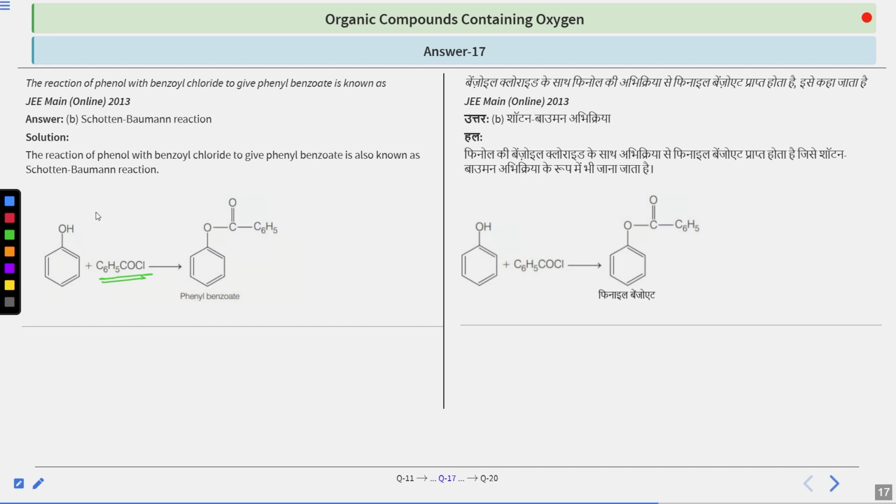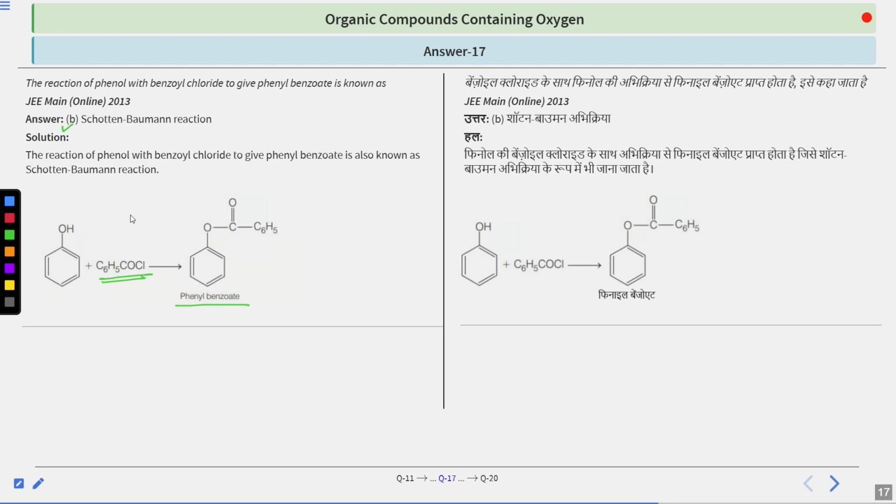From the phenol the H positive is released and we get only the O negative, and from the benzoyl chloride we get C6H5CO positive and Cl negative. So this C6H5CO positive will attack the O negative and make a bond with the oxygen, and there is a bond between carbon and oxygen, and we get our final product as phenyl benzoate. This is a name reaction, the Schotten-Baumann reaction, and thus the correct answer is option B.